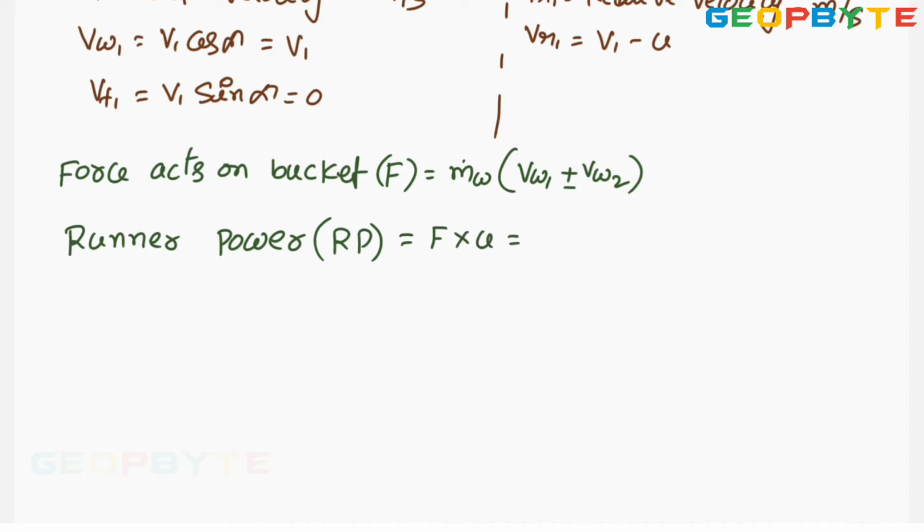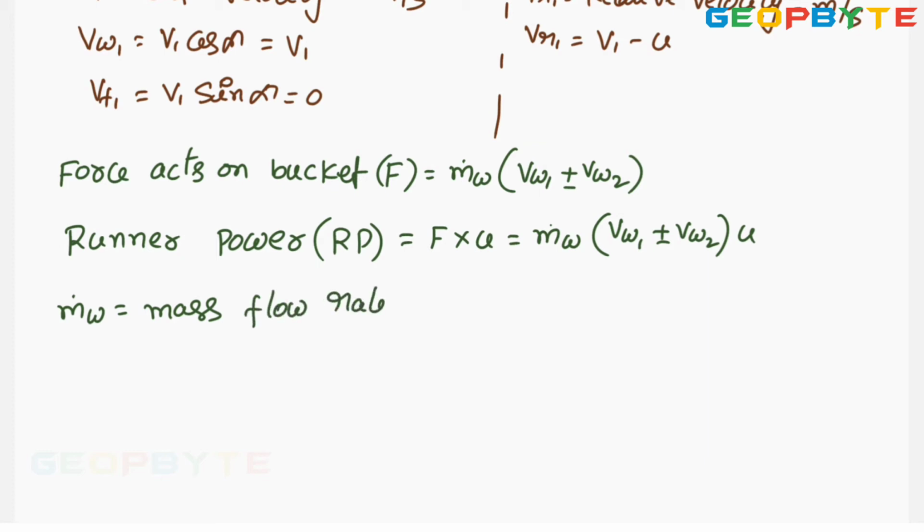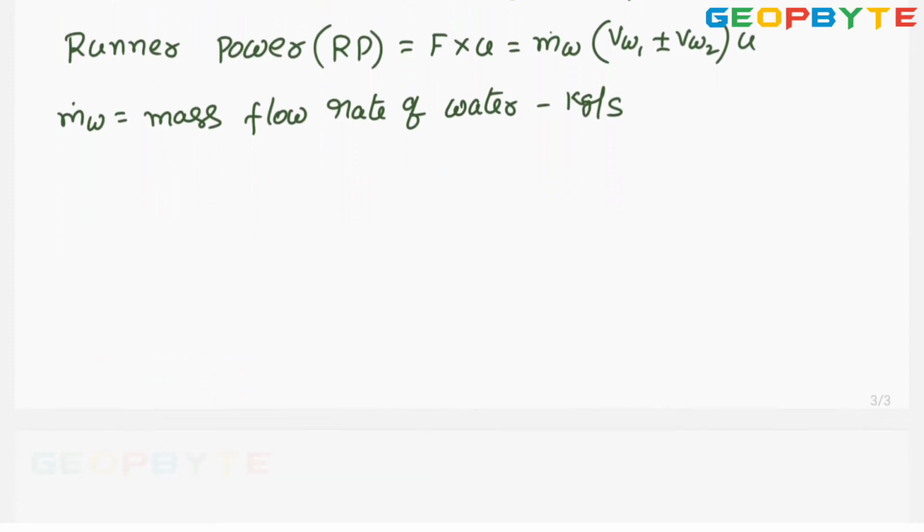Here the driving force is the force acting on the bucket, that is mass of the water per second, into VW1 plus or minus VW2, into U, where m dot W equal to mass flow rate of water, in kg per second, and U equal to blade speed.